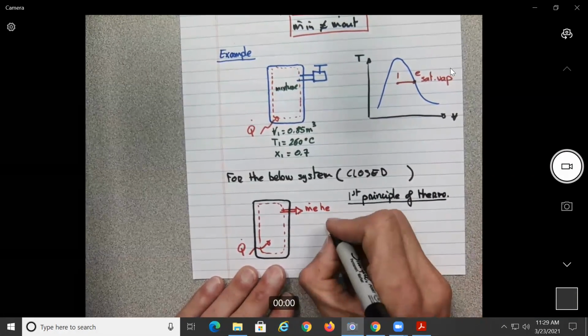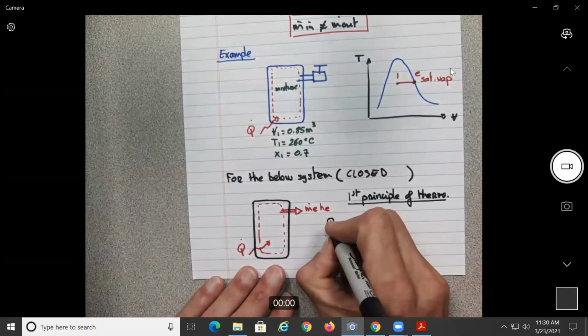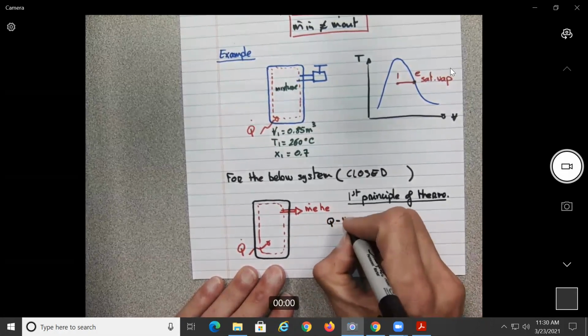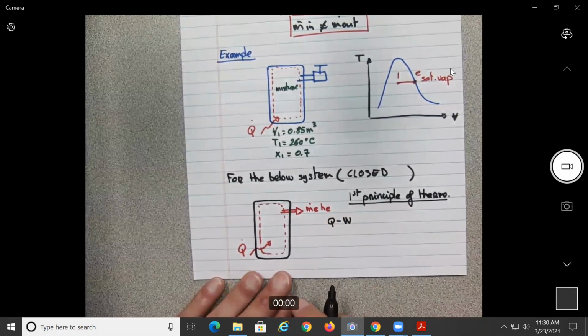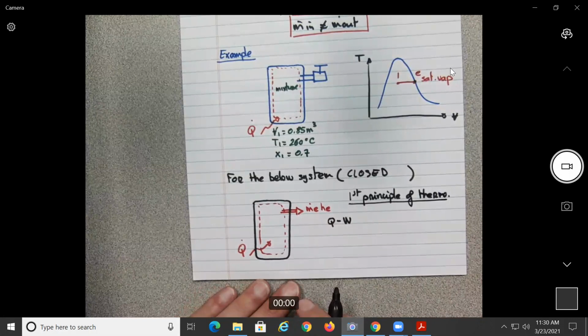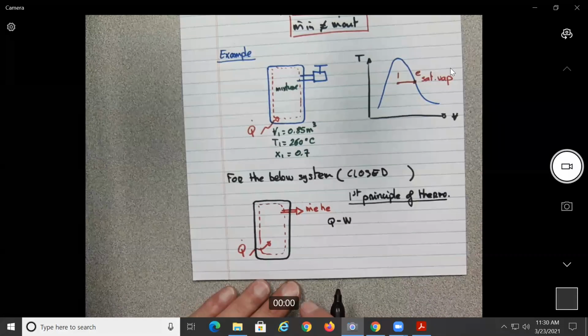So we have a closed system, the equation should be what? Q minus work plus what?